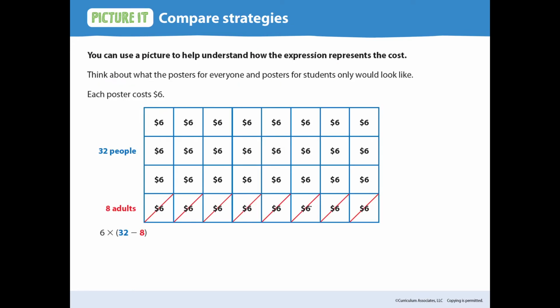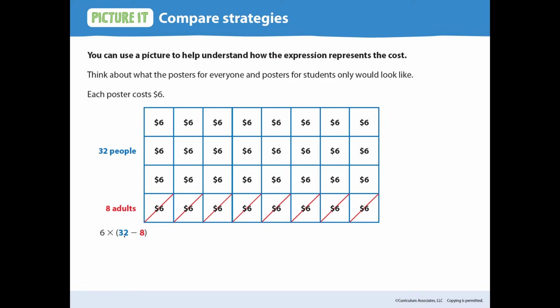Picture it. You can use a picture to help understand how the expression represents the cost. Think about what the posters for everyone and the posters for students only would look like. Each poster costs $6. So there are 32 $6 altogether. But then there are 8 adults, so they crossed out these 8 because the adults aren't getting the posters.